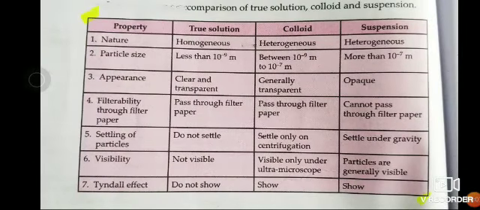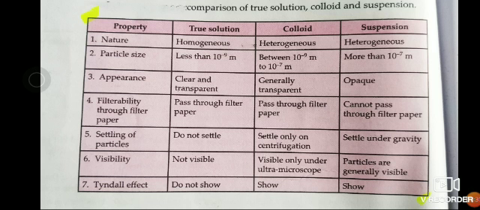Now here is a comparison of true solution, colloids and suspension. In the very first row there is the property, and in the other three rows there are true solution, colloids and suspension. The very first is nature. The nature of a true solution is homogeneous, whereas the nature of colloids and suspensions is heterogeneous.